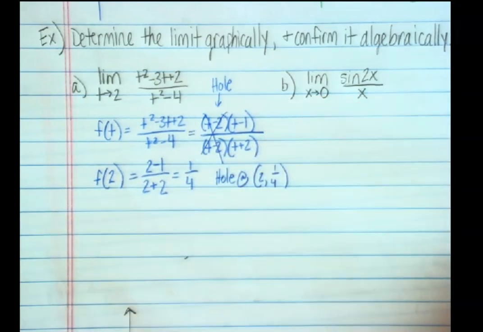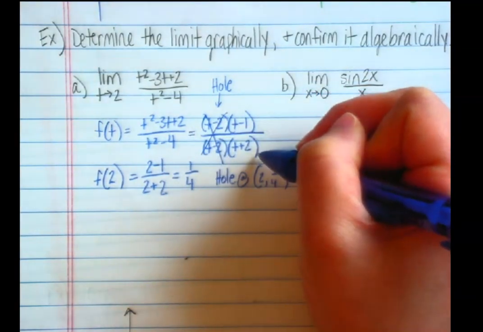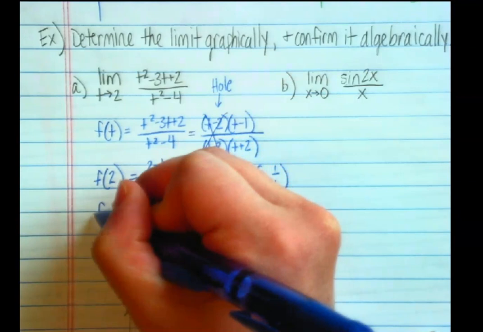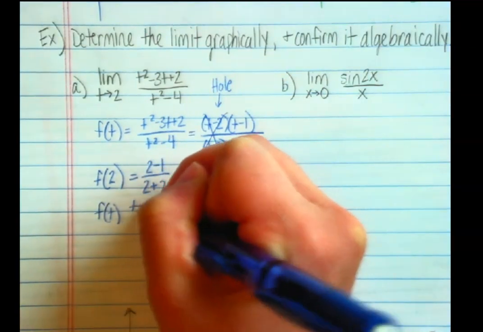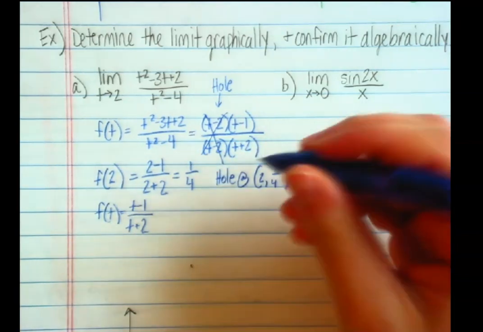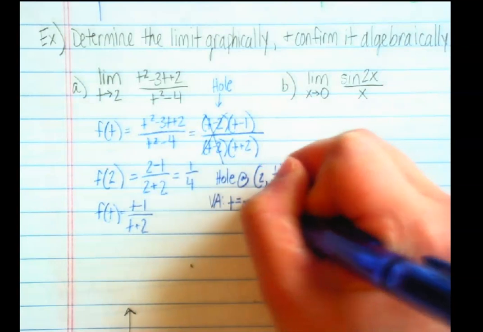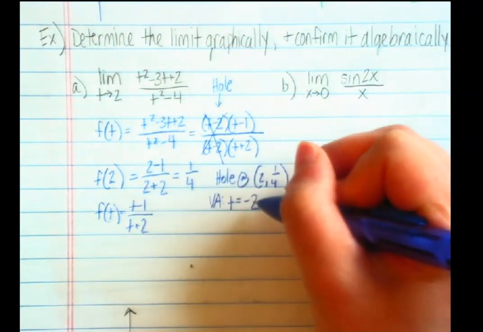And then the rest of graphing this function is going to come from the remainder function, t minus 1 divided by t plus 2. Looking at that function, there's a vertical asymptote at t equals negative 2, the denominator.